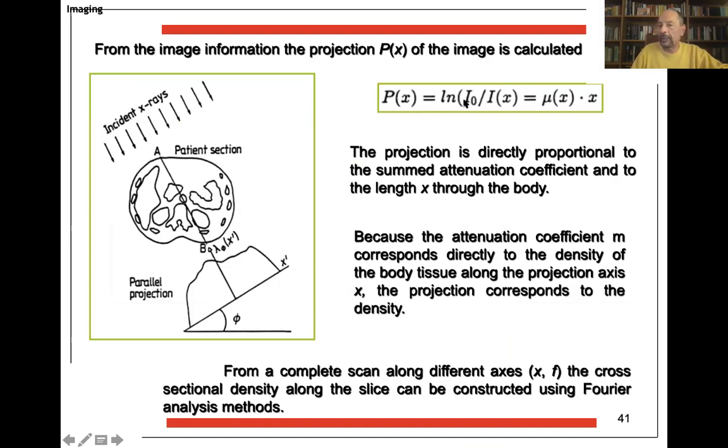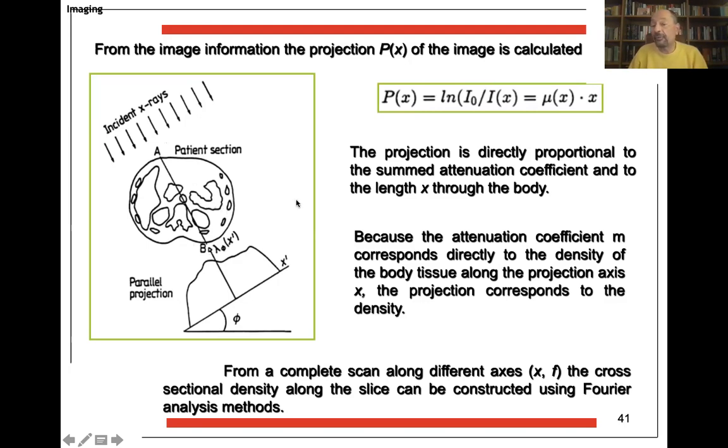So the projection here is calculated using this formula. Again, you recognize pretty much the scheme of the film detectors. You can write the projection as the integral of mu(x) dx, where mu(x) is the summed attenuation coefficient of the different materials along the line x.